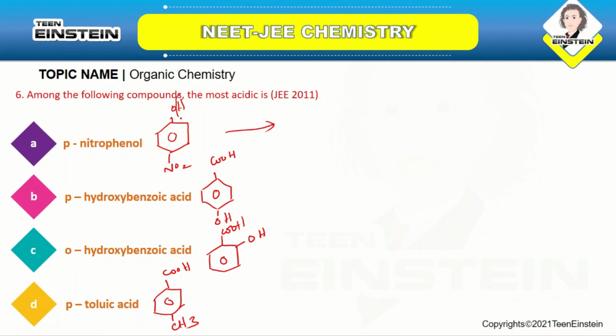Here the hydrogen is attached to oxygen, and when the hydrogen ion is removed it forms the phenoxide ion, which is stabilized by the nitro group.